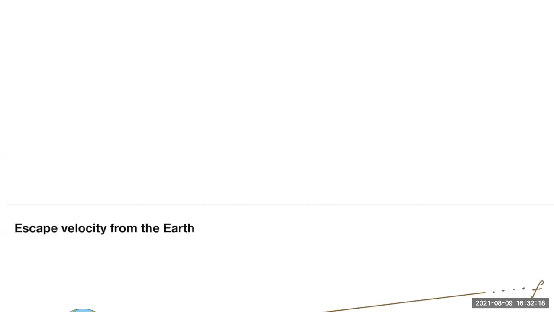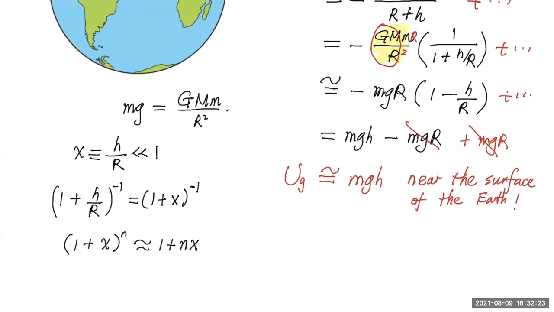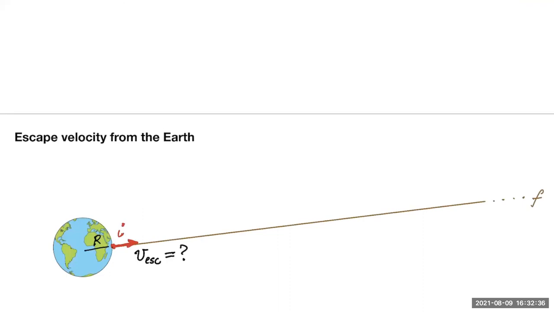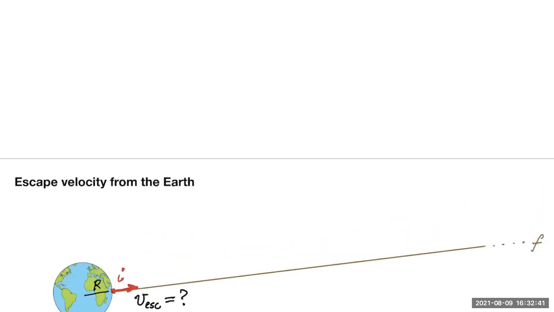If you have this much negative potential energy, assuming that you take the constant term to 0, then you would have Ug equal to simply negative GMm over R on the surface of the Earth.